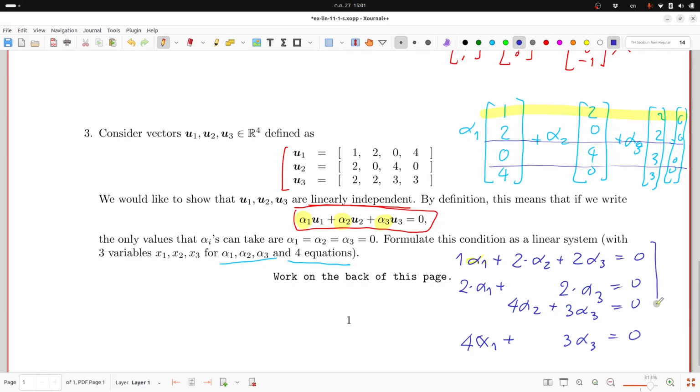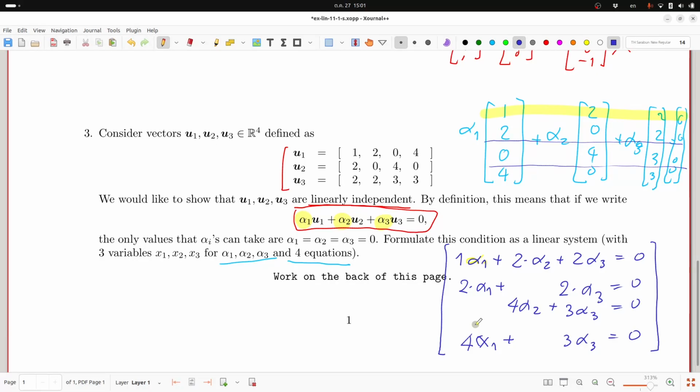So this is the linear system I'm talking about. When we talk about a system, it means you have many equations. That's it. A linear system is a set of linear equations.